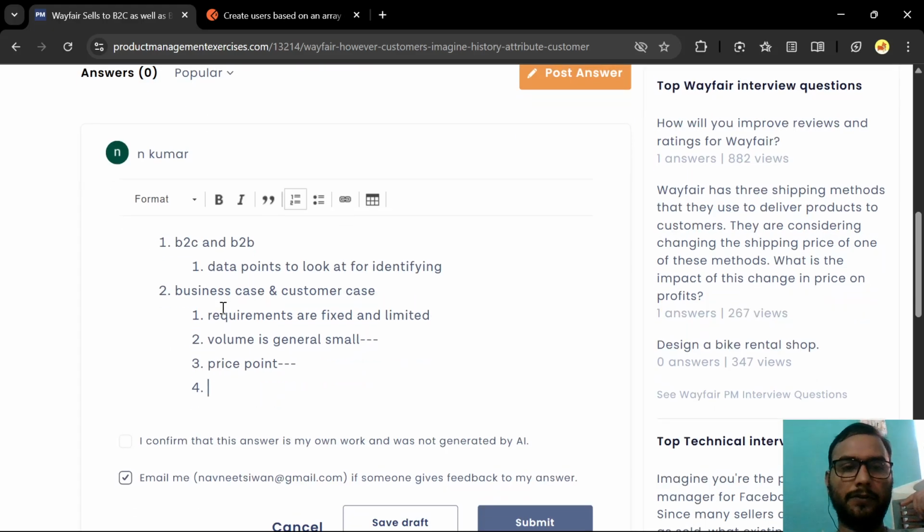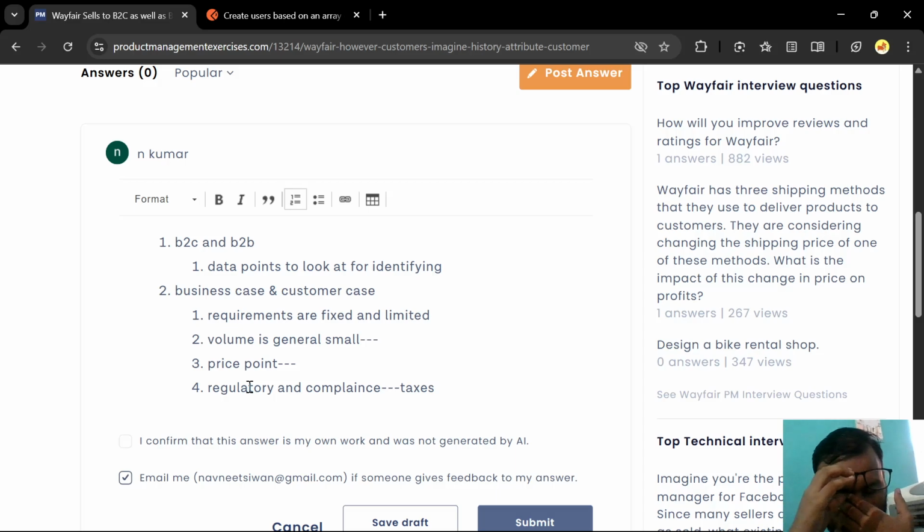And what are those things that you can think about? Yes, the regulatory and compliance part, because whenever you are selling to a business, there are multiple taxes that can be filed. Let's write it: tax and regulatory scenarios, where you need to declare different aspects of what you are selling to this business or this consumer.